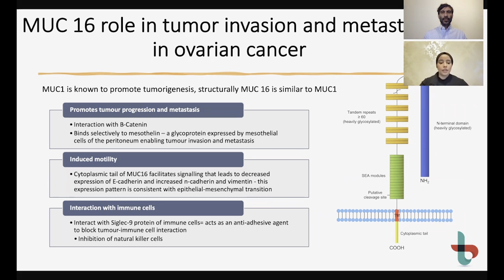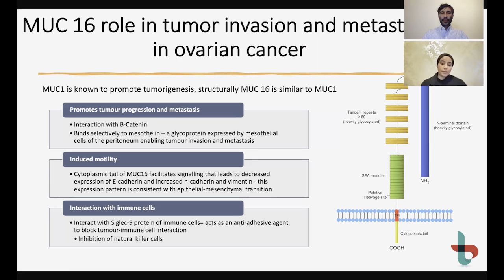It also induces mobility of the tumor cells. It's thought that the cytoplasmic tail within MUC16 facilitates signaling within the cells and decreases expression of things such as E-cadherin and increases N-cadherin and vimentin. This expression pattern is associated with the epithelial to mesenchymal transition seen in cancer.